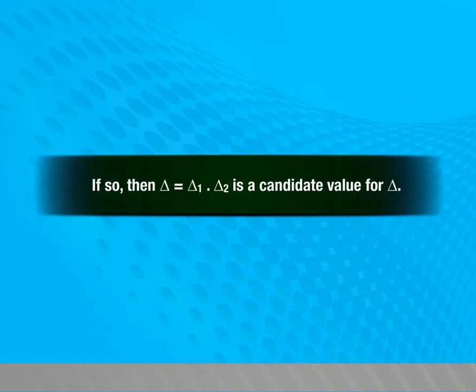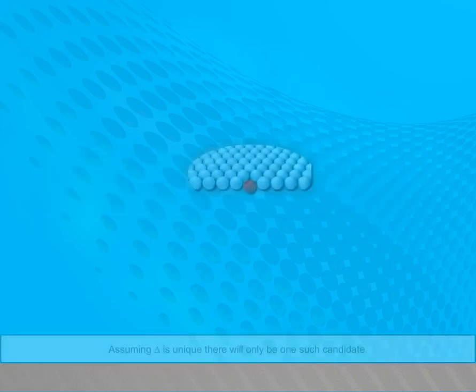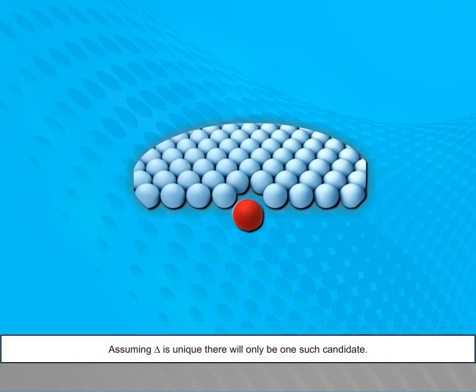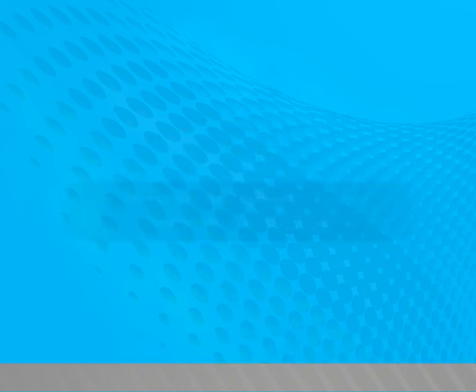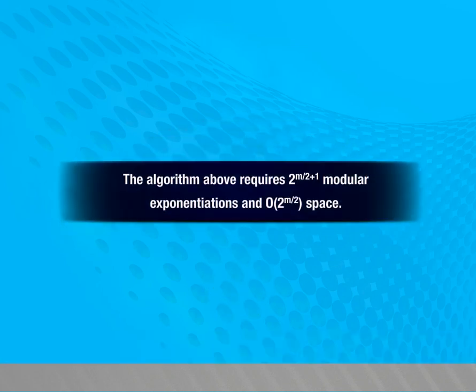If so, then delta equals delta 1 times delta 2 is a candidate value for delta. Assuming delta is unique, there will only be one such candidate. The algorithm above requires 2 power m over 2 plus 1 modular exponentiations and order of 2 power m over 2 space.